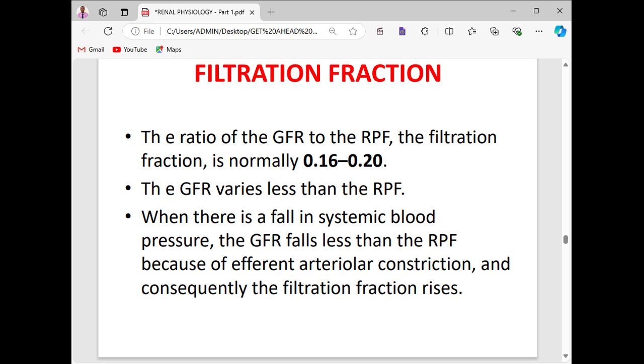The ratio between glomerular filtration rate and renal plasma flow is expressed as a percentage, and it is normally between 0.16 and 0.20, which is 16% to 20%. That is the filtration fraction. To calculate it, divide glomerular filtration rate by renal plasma flow, multiplied by 100.